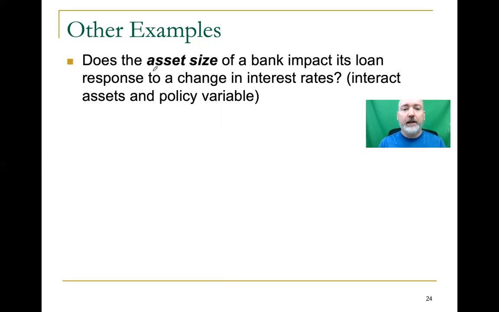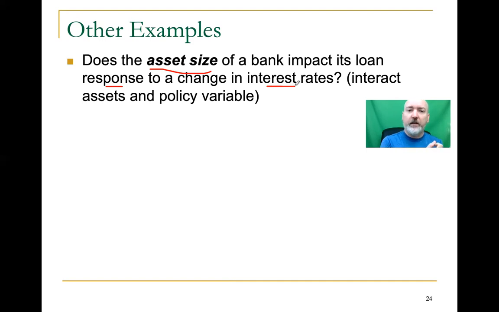So a question: does the asset size of a bank impact its loan response to a change in interest rates? So again, we've got three variables there. The y variable is going to be level of lending. The x variable is going to be interest rates. And then the asset size is going to be the interaction, the z.